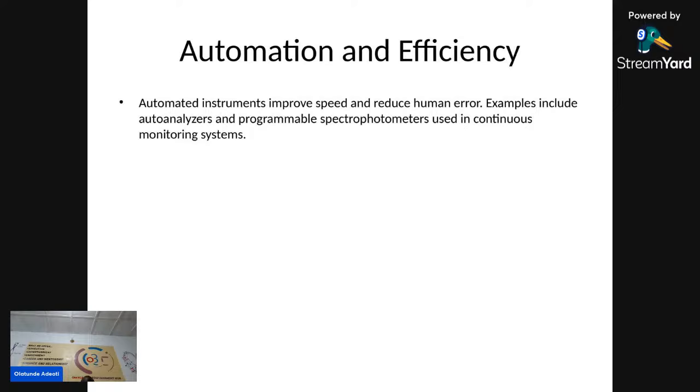That digital is going to reduce your human error. So that is why automation is very close to efficiency. We believe that the more automated your equipment is, the more efficient it is going to be.